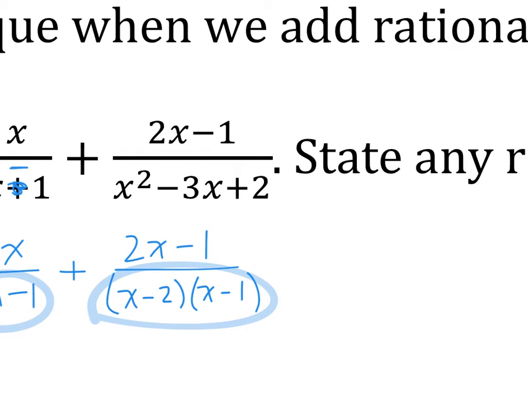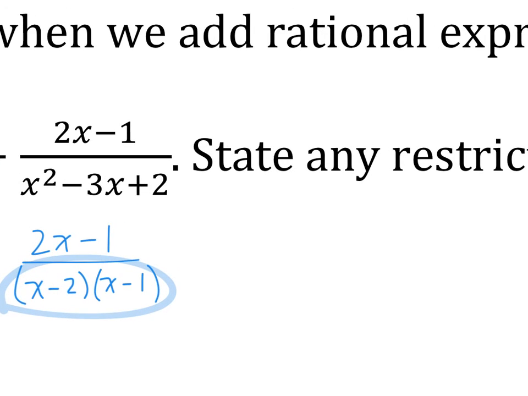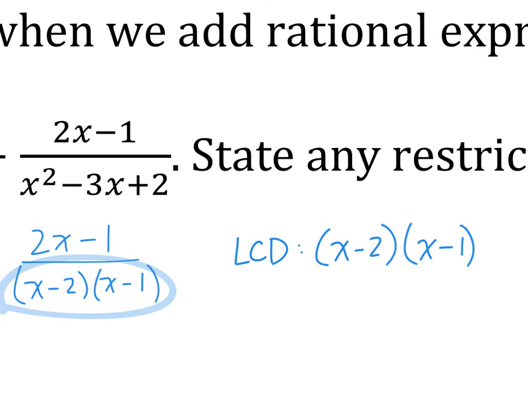So basically, I have an x minus 1, you have an x minus 2, x minus 1. What do we need so that we both have the same thing? As long as they both have the same thing, that is called the least common denominator. So x minus 2, x minus 1.